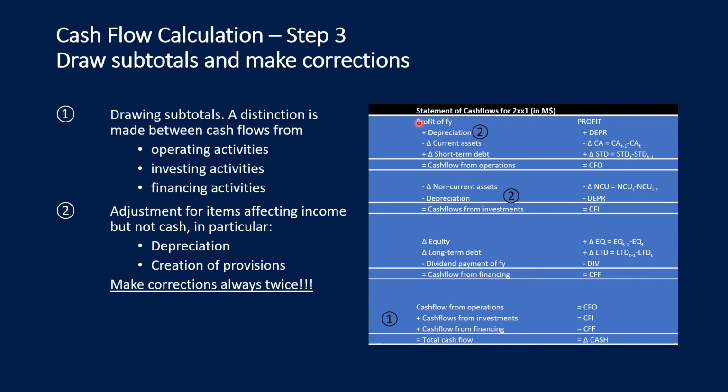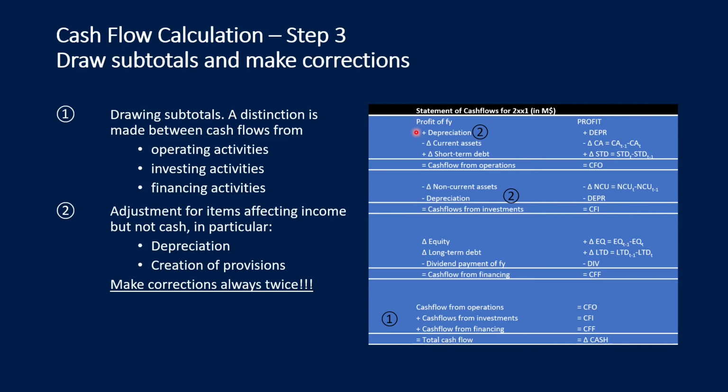The profit is not fully cash equivalent or cash effective. Especially the depreciation does not affect cash, because there's no cash going out of the company, nor is there any cash coming into the company. So we have to correct the profit for the depreciation.